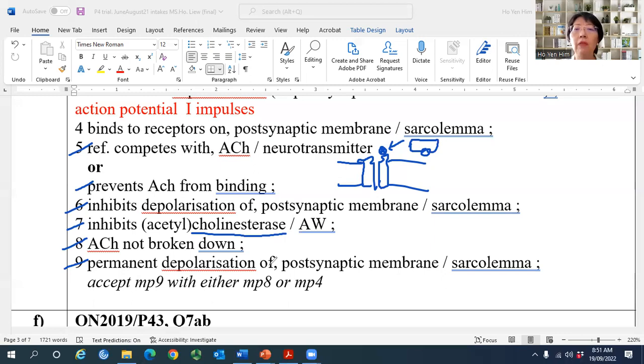If acetylcholine is permanently attached to the receptor, now what happens, do you remember? The neuron cannot fire continuously, because for the graph that you have learned, first there will be a resting potential.